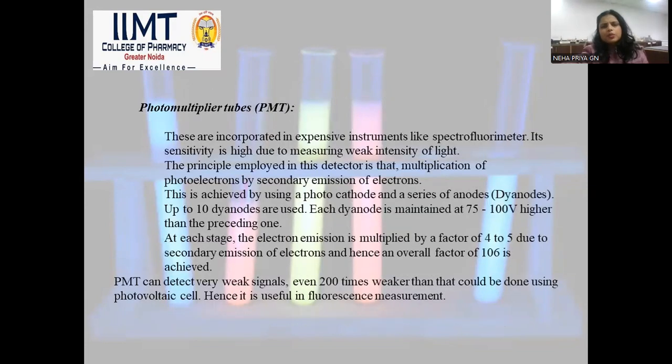Next is the PMT, the most used detector in any spectroscopy technique. If you don't remember any detectors in your exams, you can go for PMT because it is used in all the spectroscopy techniques. There are certain diodes present in this form.